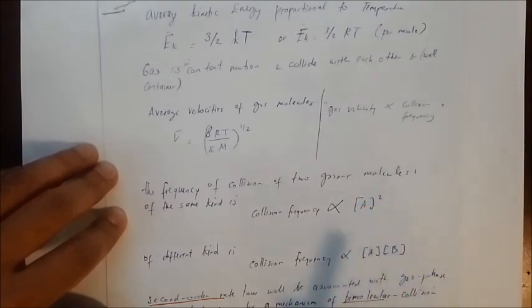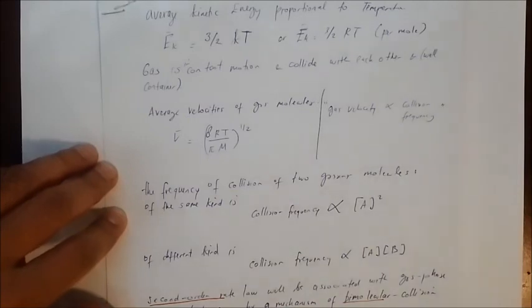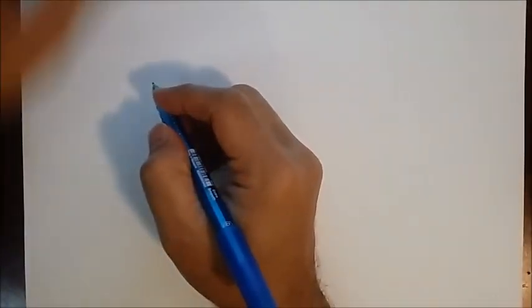Also, for two gases of a different kind, A and B, the collision frequency is proportional to the concentration of A times the concentration of B. You see this term when we're describing a rate law.